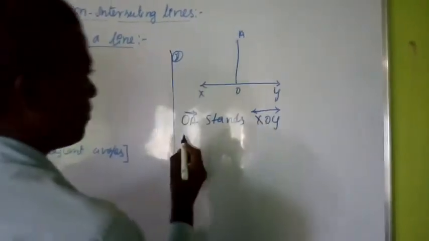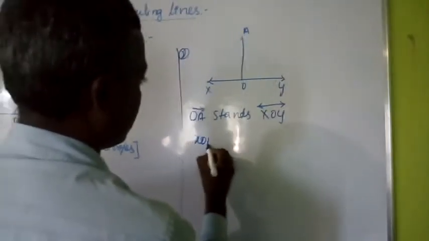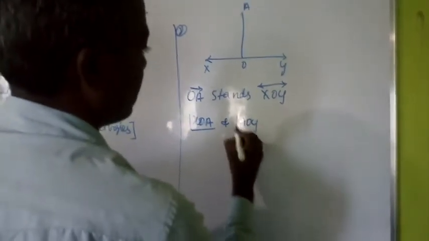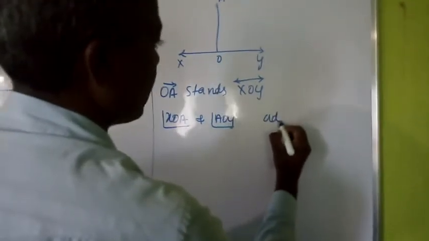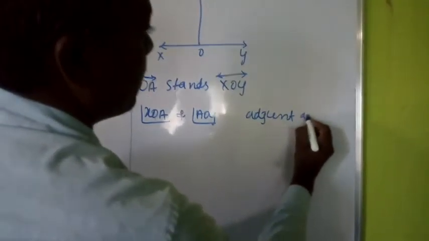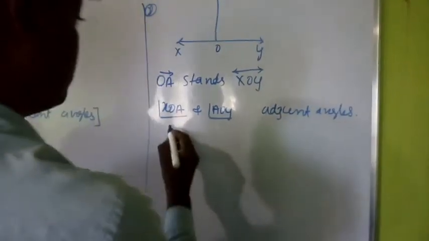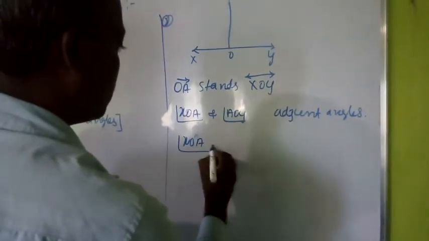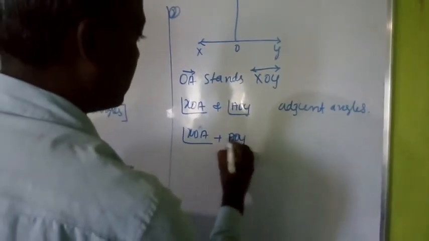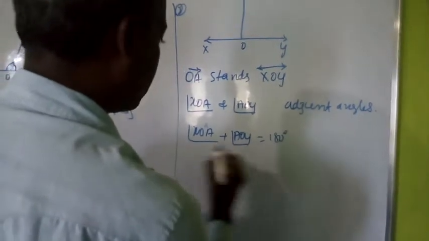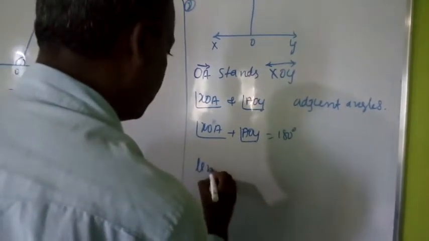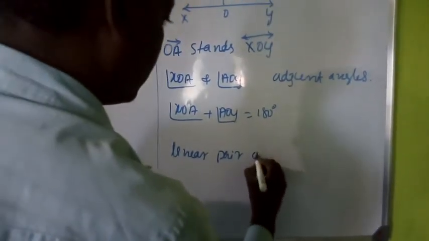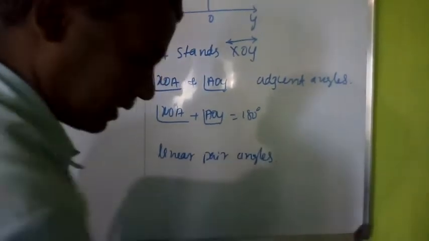Okay, two angles are formed here, that is XOA and AOY. What type of angles are these? Yes, exactly, adjacent angles. Okay, students, the sum of these two angles is equal to, yes, exactly, 180 degrees. Hence, these two angles are called a linear pair of angles. Okay, students, are you understanding what I am saying?